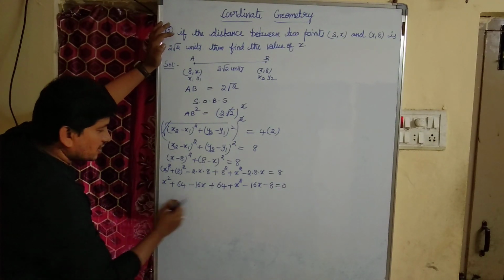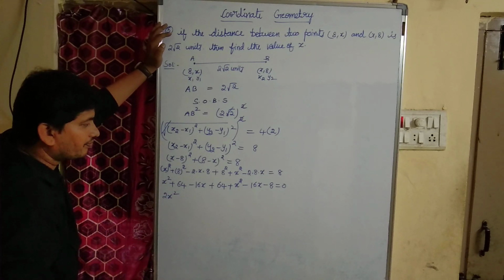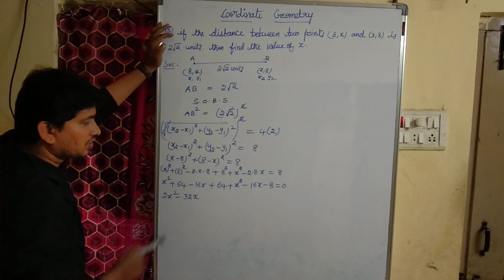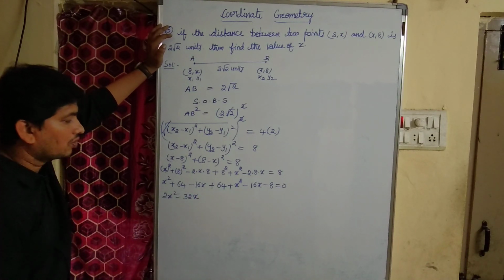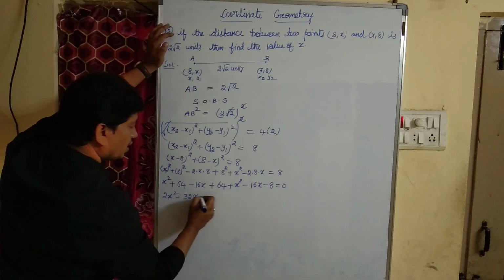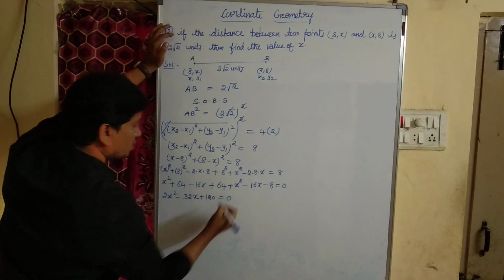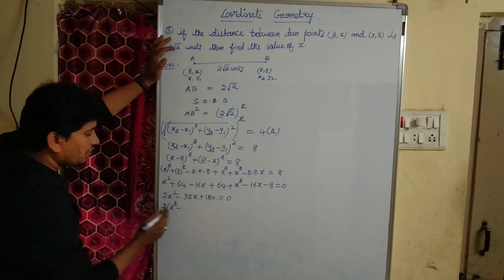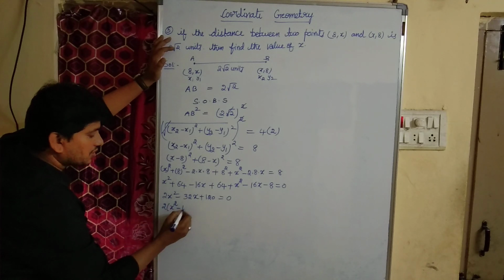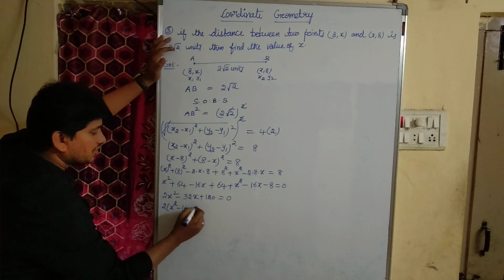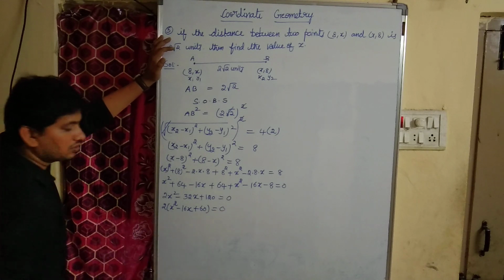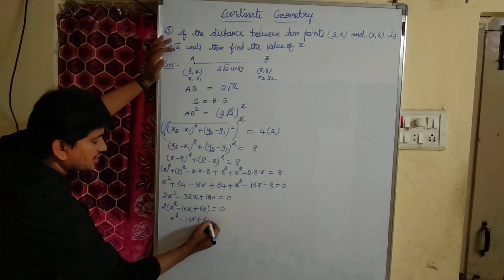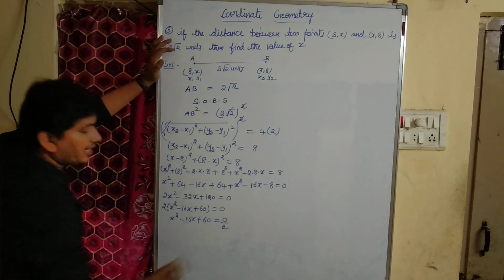So x square plus x square is 2x square, minus 16x minus 16x is 32x, 64 plus 64 is 128, minus 8 is 120, equal to 0. Now let me take 2 as common: 2 into x square, 2 into 16, 2 into 60 is 120, equal to 0. So we have x square minus 16x plus 60 equal to 0 by 2.